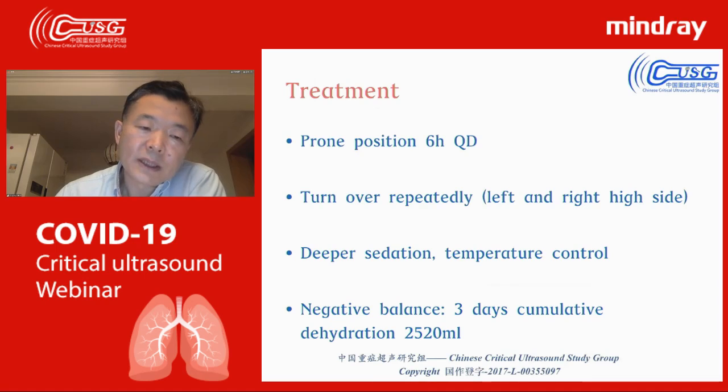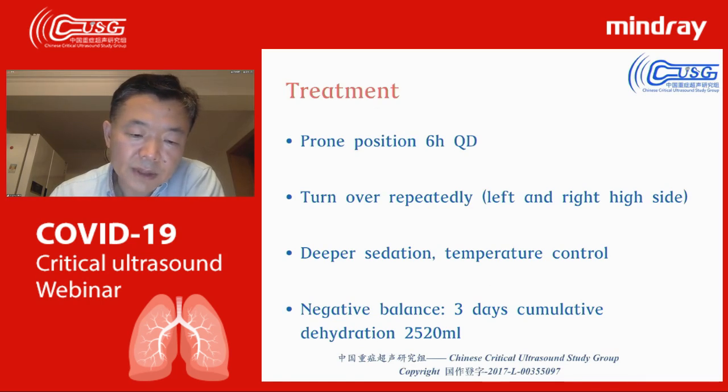So they more likely use turning over rapidly, changing the patient's position more frequently, and use deeper sedation and control the patient's body temperature, and they use some dehydration drugs to give a negative balance, and 3 days accumulated water is 2,000 to 1,500.